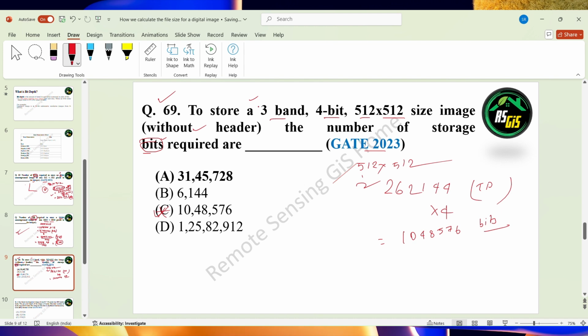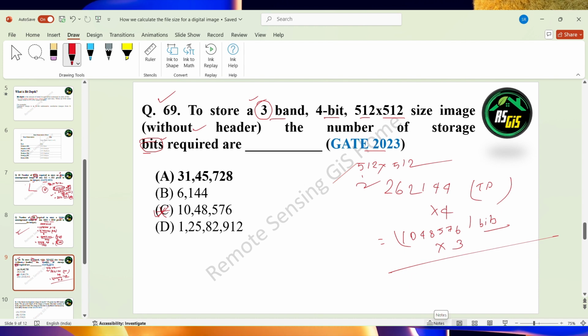Because they mention 3-band images, you have to multiply by 3. The value you got is for only 1 band. For the first band there are 512 into 512 pixels, and the second band and the third band carry the same, so you just multiply it.